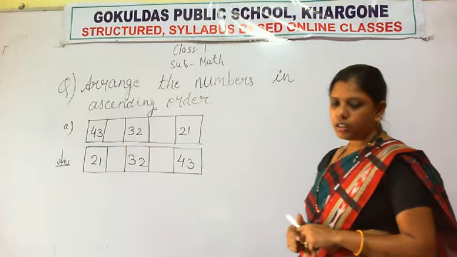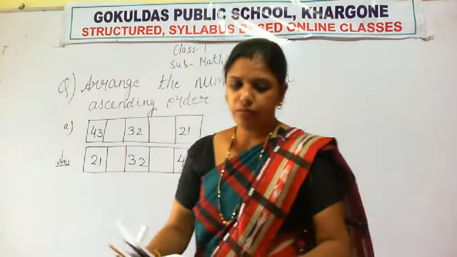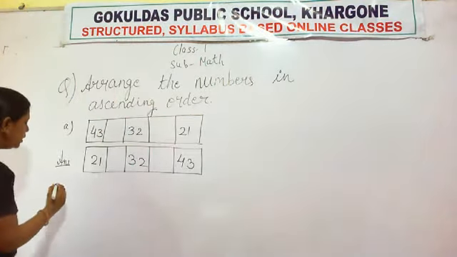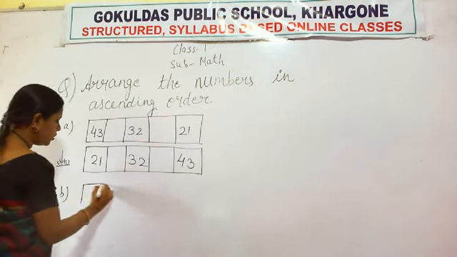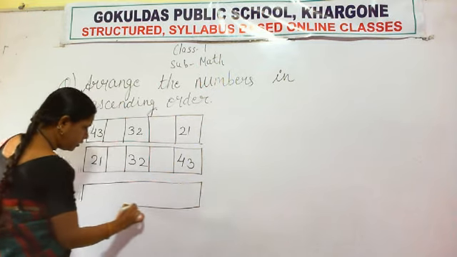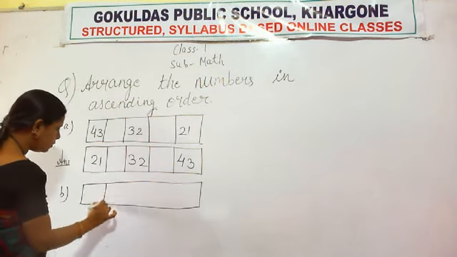Now the next question is B. Leave one box and write the next question. Again 3 numbers are given.